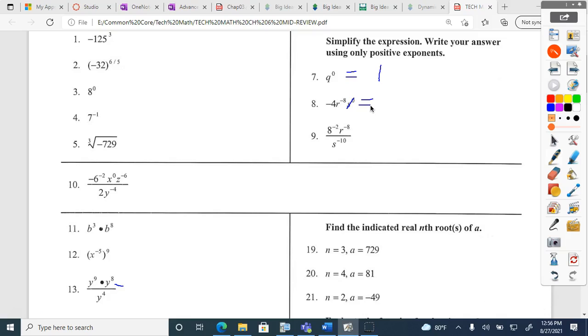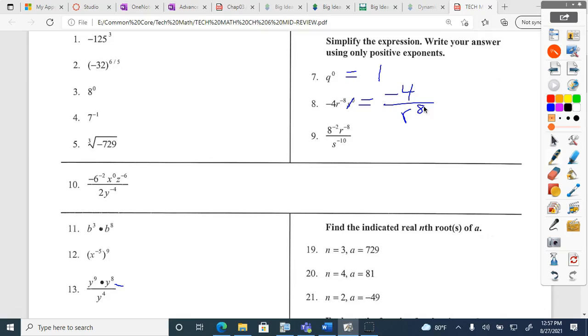Do we move the 4 to the bottom? No. It's negative, but it's a number, not an exponent. Very good. It is just good old number 4. Okay? So number 4 divided by r to the 8th power. And you leave it like that. Okay? Any questions?